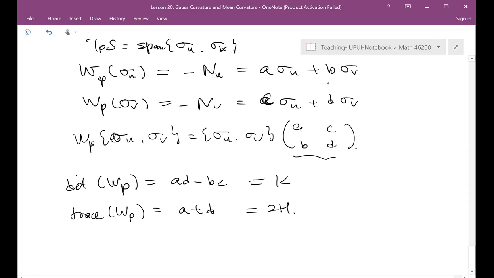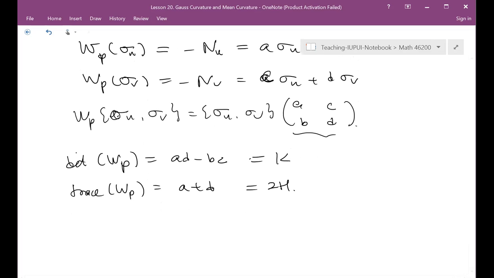Well, from here it's the identity. I'm going to make it easier. So the negative derivative of the normal, this is a vector, but we write it in this way.